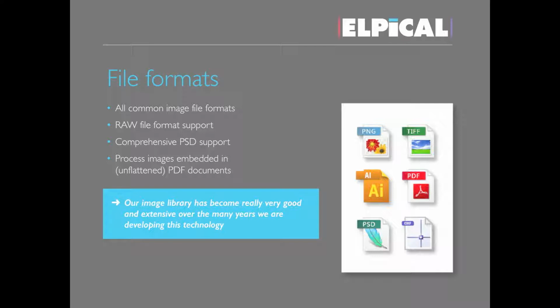So here on the slide, it says comprehensive Photoshop file format support. But what that actually means is that Claro will handle both on input and on output multi-layered files. And we'll talk about that a little bit more during the demo. And then Claro will also handle PDF documents. Once again, if you talk about the flexibility of Claro, that is an important aspect.